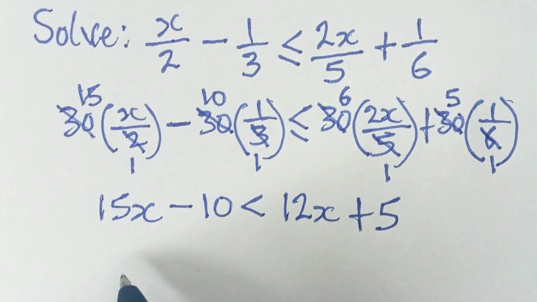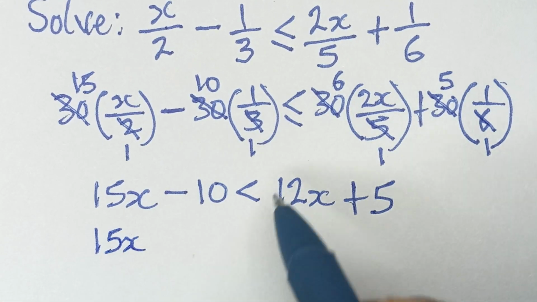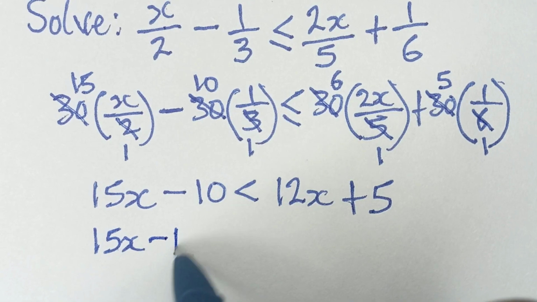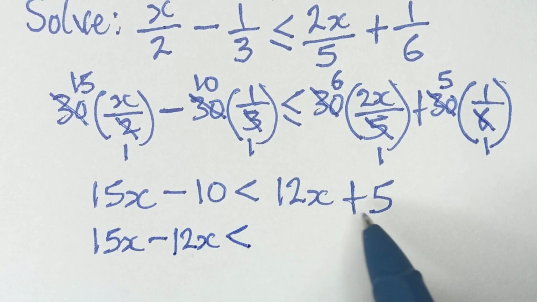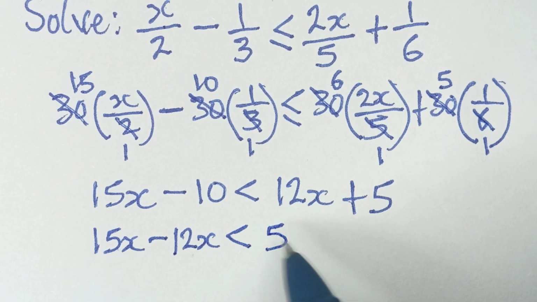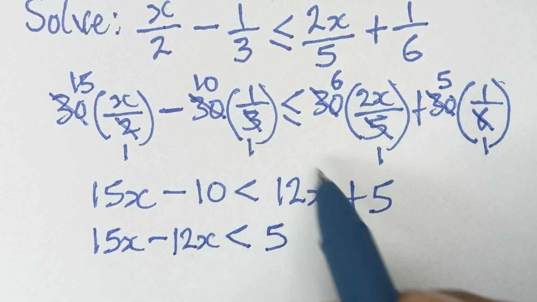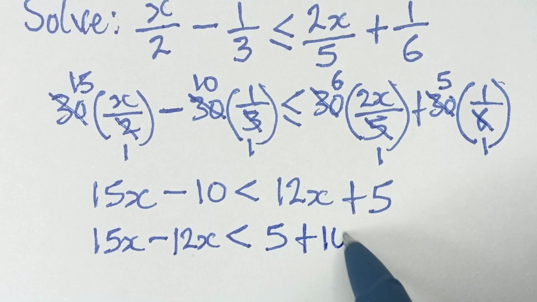The 15x is still on this side, so I have 15x. This positive 12x, if it crosses to this left-hand side, it becomes negative 12x. And the positive 5 is already on this side. So this negative 10, once it comes to the right-hand side, becomes positive 10.